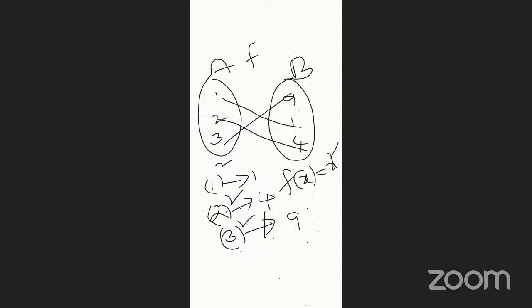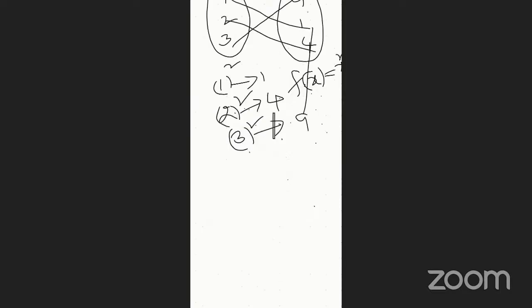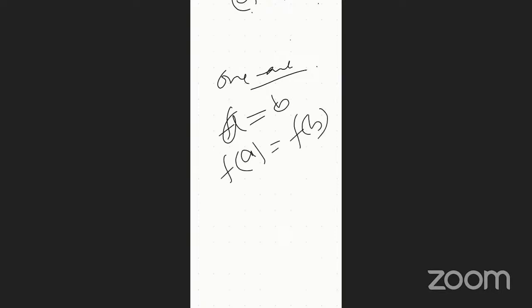After function, we are learning one-one function, onto function. So many things will be there. Just I will tell you, a one-one function is one where if two elements are equal their images are also equal, and similarly if two elements are not equal their images are also not equal.